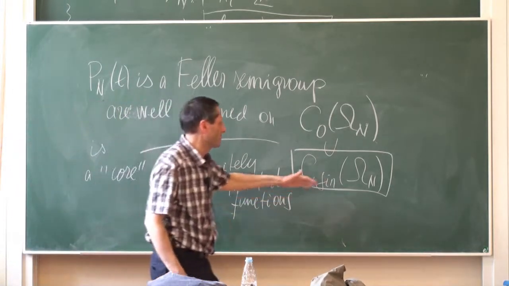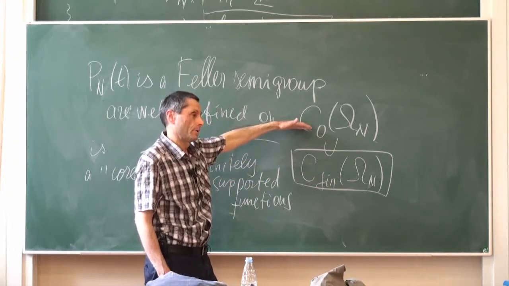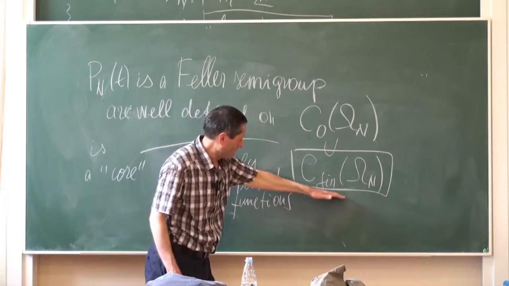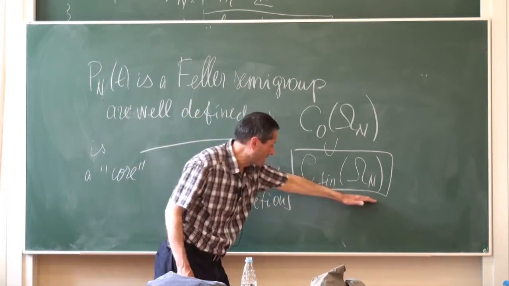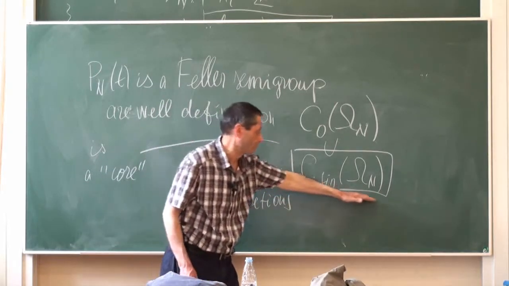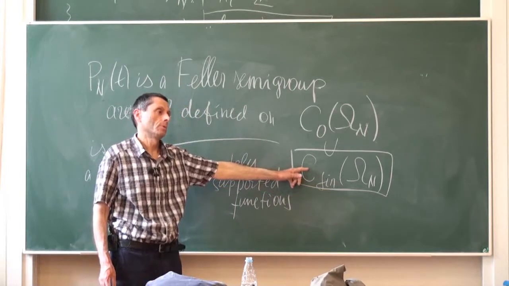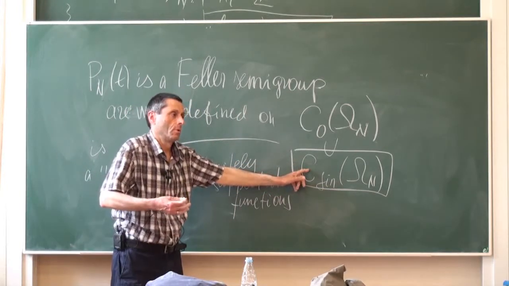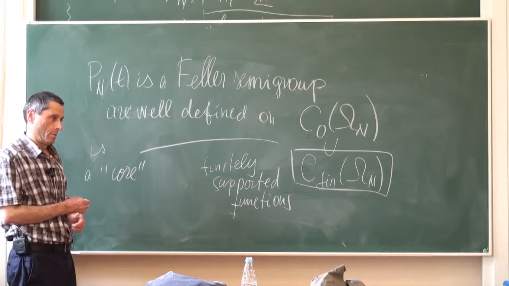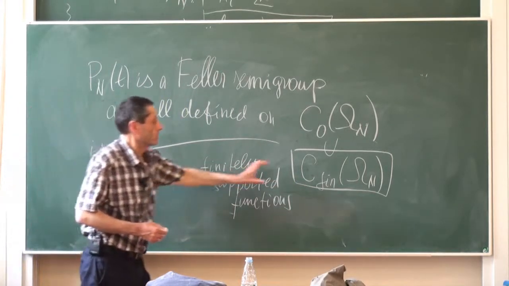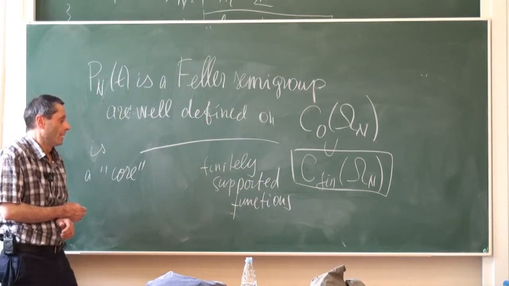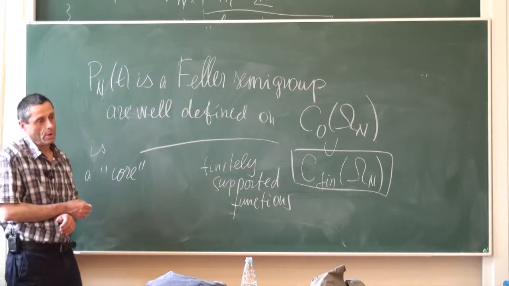Of course, our difference operator is well defined on this space and on this one. But we prove that if you view our difference operator as an operator inside this space, its closure gives us the true generator. So one can say that this relatively small subspace is an essential domain for our future generator.